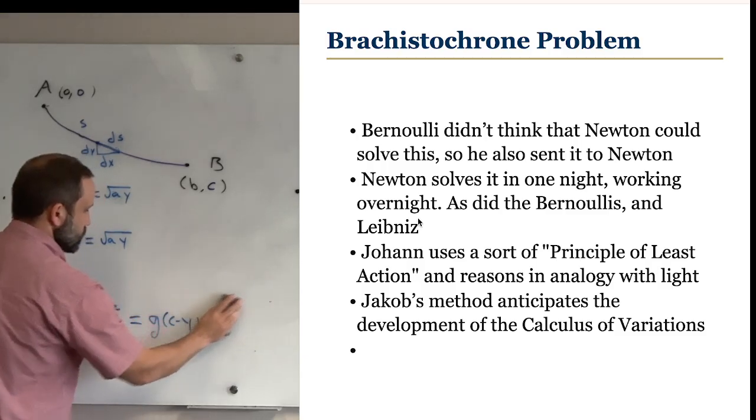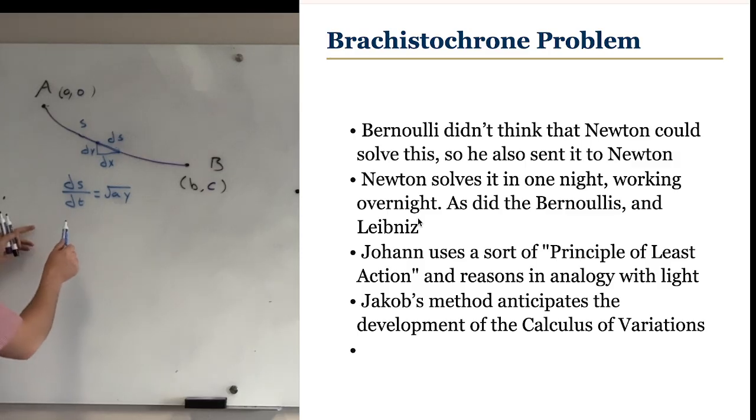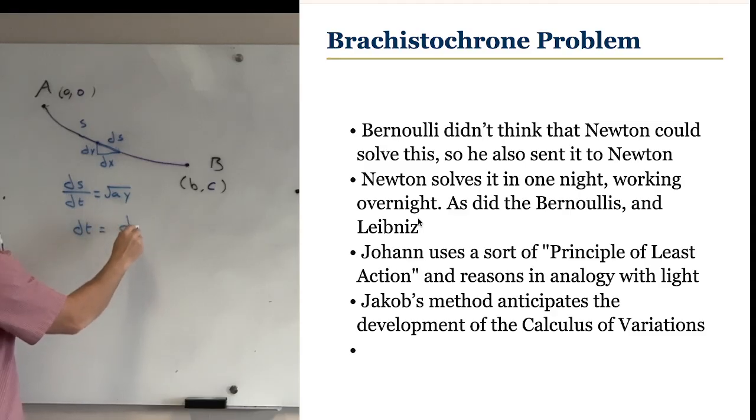What that tells us then is that the velocity is going to be proportional to the square root of y. So then ds dt is equal to a times the square root of y. Now what we can do is use the fact that dt is equal to ds over the square root of ay.